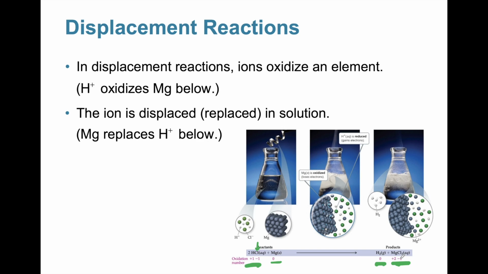And so in this particular reaction, what happened here? We start out with hydrogen and chlorine having +1 and -1 charges respectively. Magnesium, since it's just the solid magnesium, the atom on its own, is always going to have a zero charge, and also a zero oxidation number.